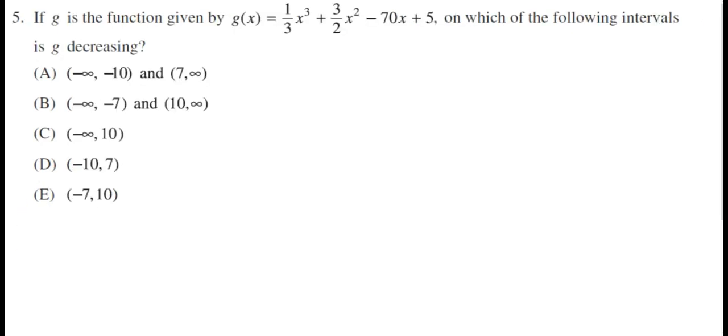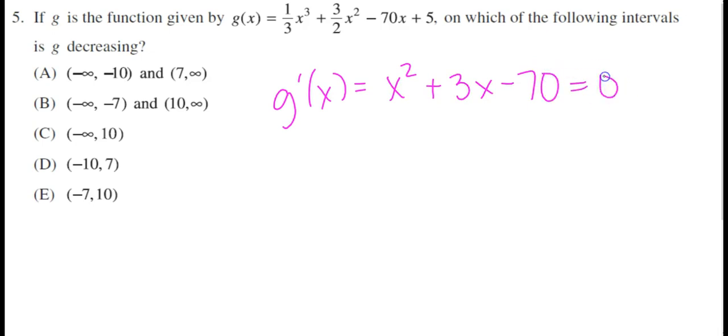Question 5. We're given g and we want to know where g is decreasing, so make a sign chart for the first derivative. So if I apply that 3 to the 1/3, it's just 1x squared. Similarly here, the 2's will cancel and you just get 3x minus 70. Let's factor. So it multiplies to be negative 70, adds to be 3.